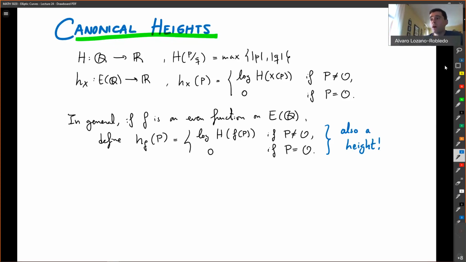Now, two theorems about heights in general, which I'm not going to prove; they use similar trickery to what we did before for the properties of the height of the x coordinate. The following are true.